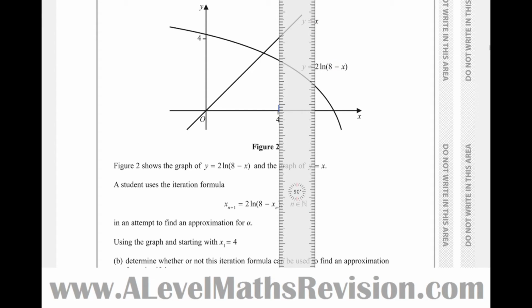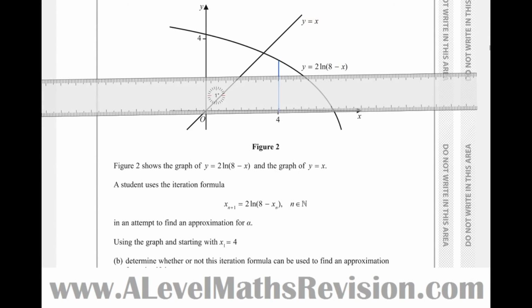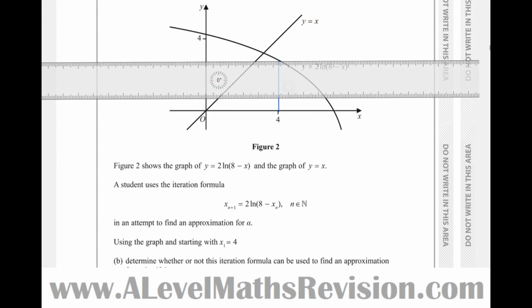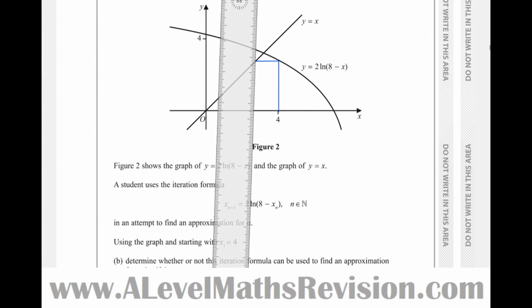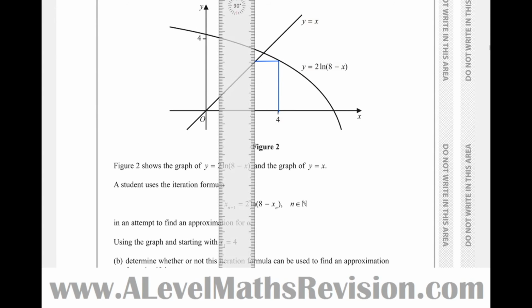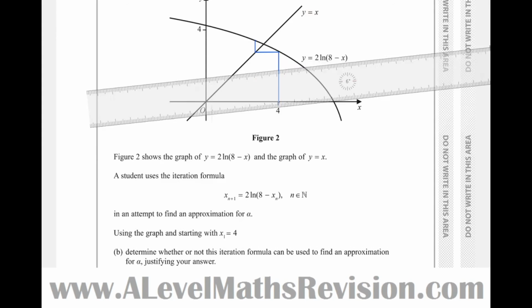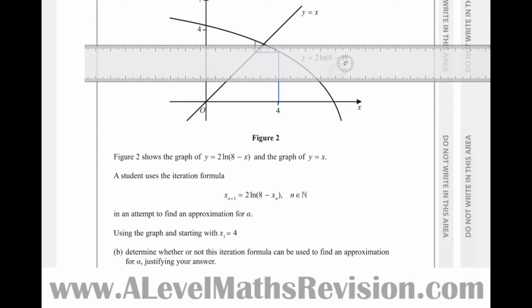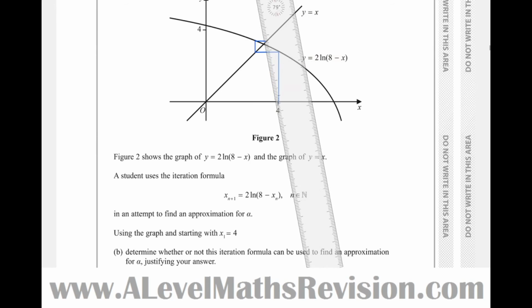So there it is, vertically up to the curve from 4, then across to the line y equals x, then from there vertically up to the curve, there it is, then across to the line y equals x, then vertically to the curve.